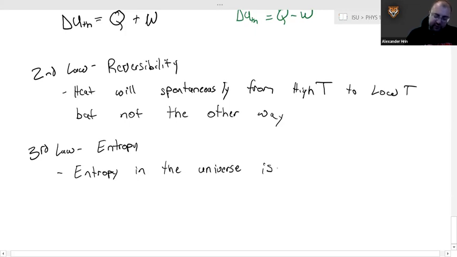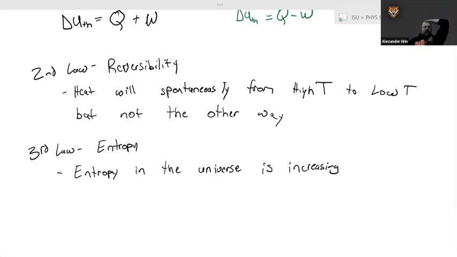Now, some people think of entropy as disorder, and that's an accurate way to think about entropy, but it doesn't quite capture all the nuance behind it. Basically, entropy is related to the distribution of energies across different molecules, and an entropic state is a more likely state.